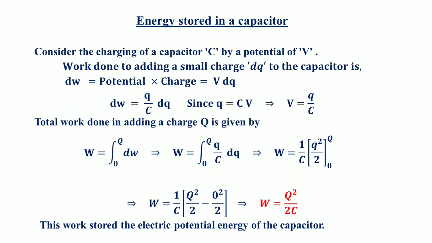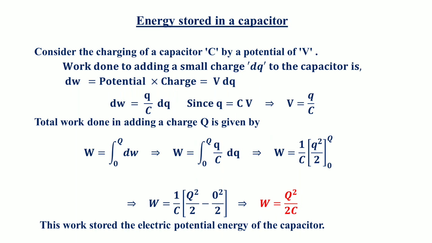That is q raised to 1 plus 1 divided by 1 plus 1. Then we write the limits at the bottom and top of the square bracket. I already mentioned upper limit minus lower limit. So the upper limit capital Q we give instead of small q, and the lower limit 0 instead of small q.